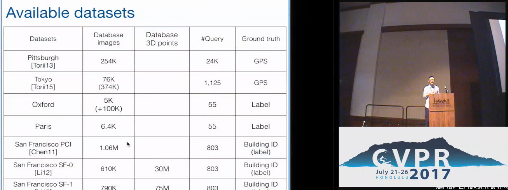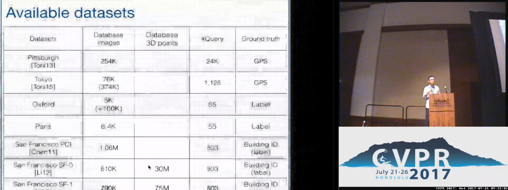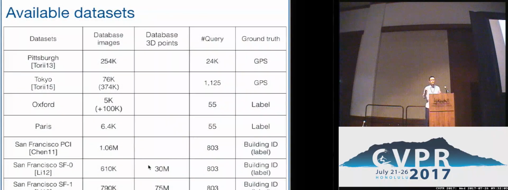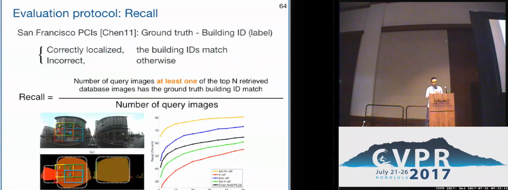The good thing about the San Francisco dataset is that there is some 3D reconstruction too, so you can compare 2D and 3D methods. For evaluating your method in place recognition, it is reasonable to evaluate the recall to measure your performance.